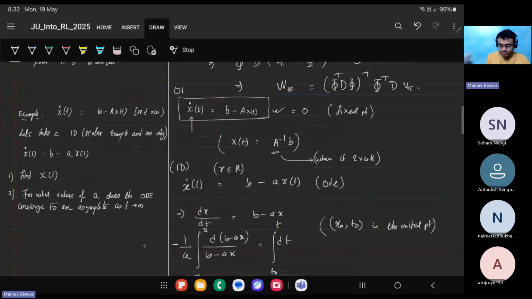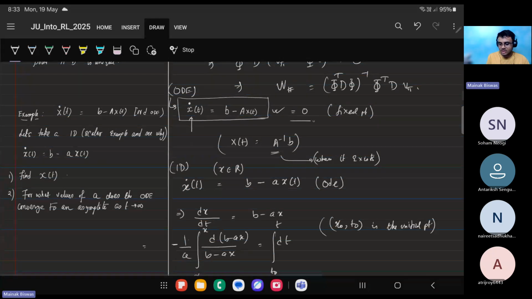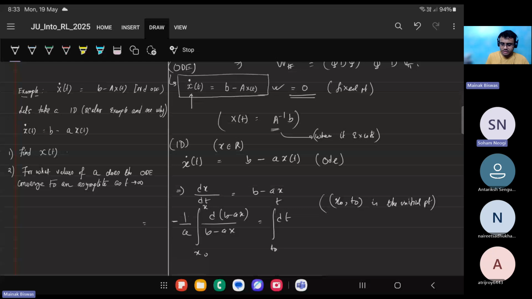We had this ODE for the TD0 algorithm. This is the ODE that we derived, and we said that A inverse B is a solution if A inverse exists, because the fixed point has to have zero derivative, since there is no change at the fixed point. So the fixed point is constant. Okay, got it.